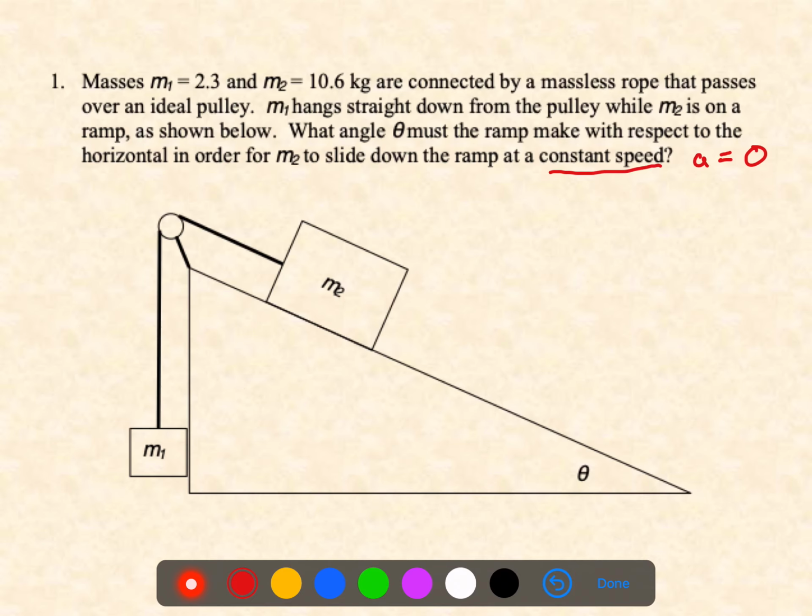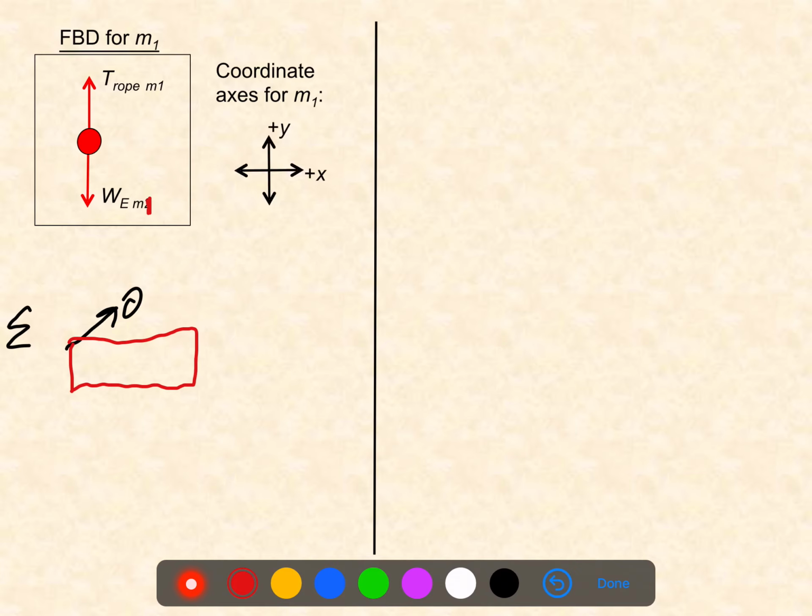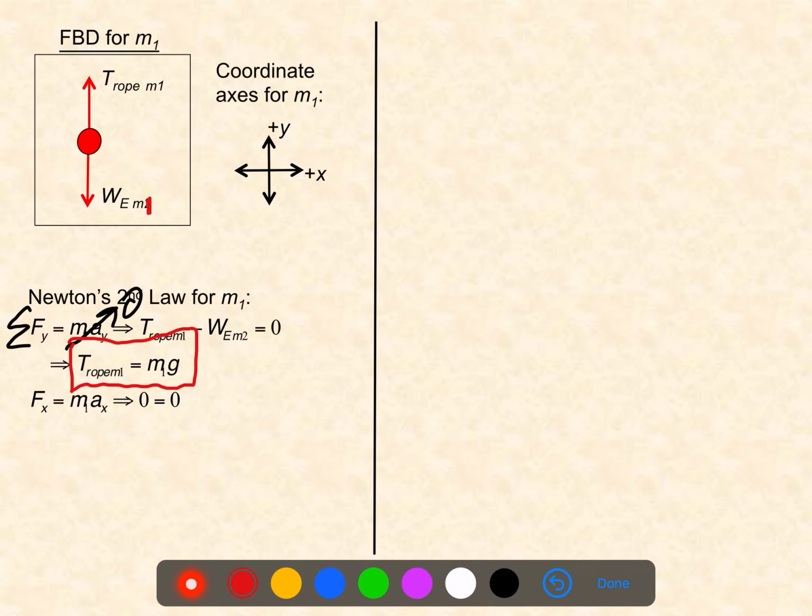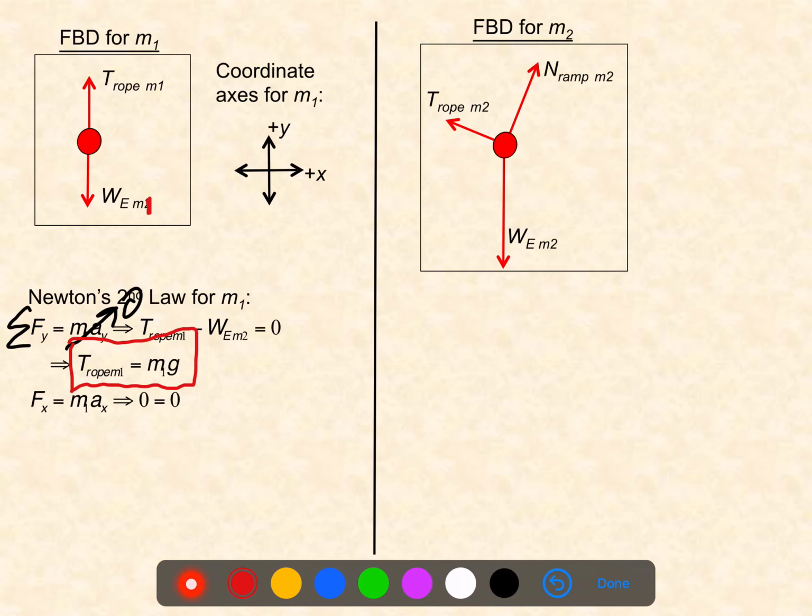But let's go back a second. The second mass is on the inclined plane, so we may not necessarily want to take the same approach of using the traditionally oriented coordinate system for mass 2. Let's draw the free body diagram to start with, and what we can see on this free body diagram is that we've got the tension pointing along the ramp, up the ramp, right? The ramp goes like this, and the normal force is perpendicular to that surface, and the weight, as always, is going to point down.